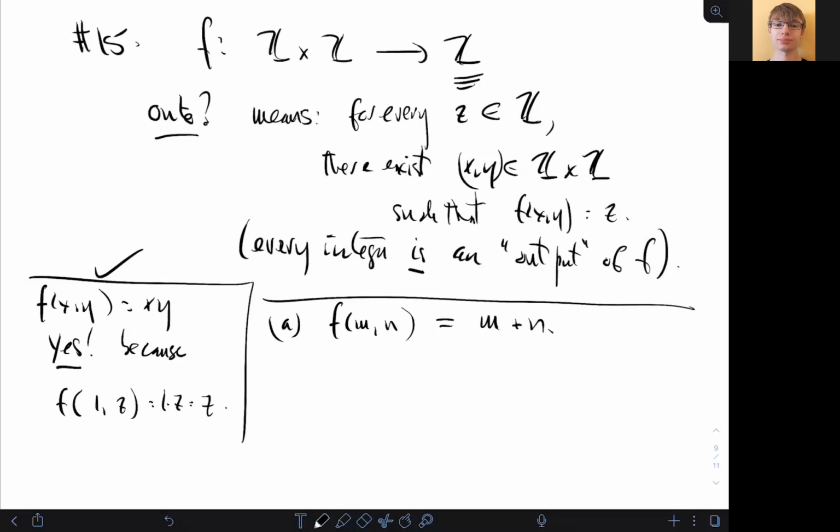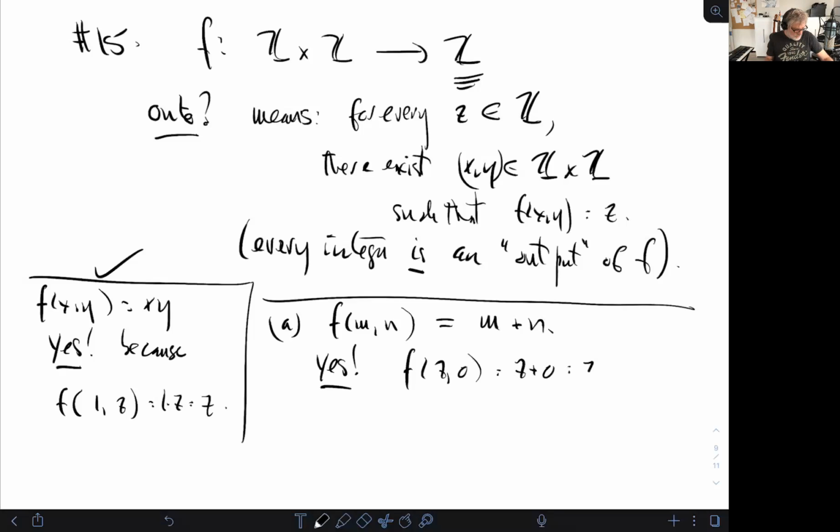I guess, yeah, because you can make one of them 0. Exactly. It's the same trick as for the product. So yes, it is onto. If you pick any number you want, just do that number plus 0 and you'll get what you want. So yes, f of z, 0 is z plus 0 equals z.